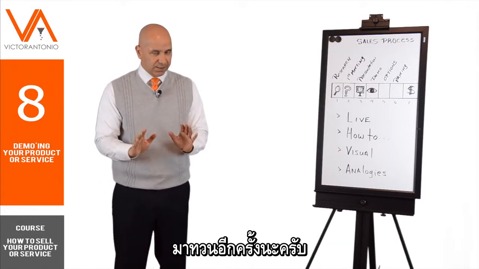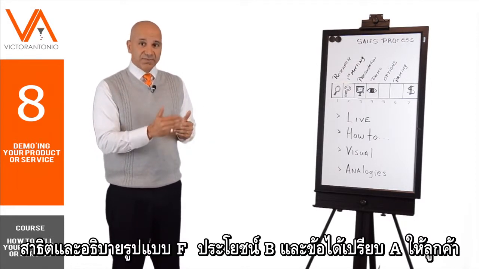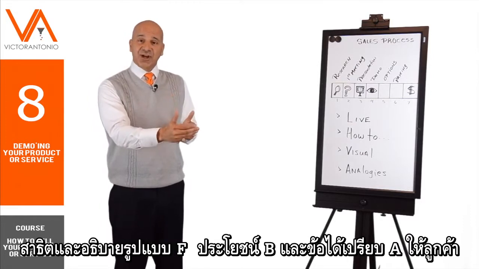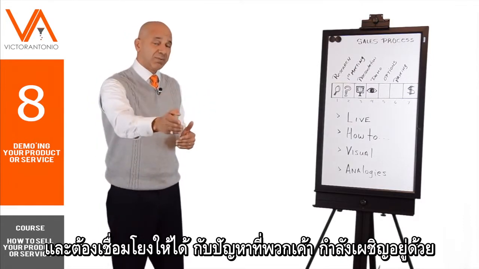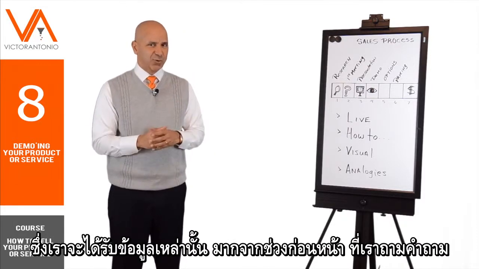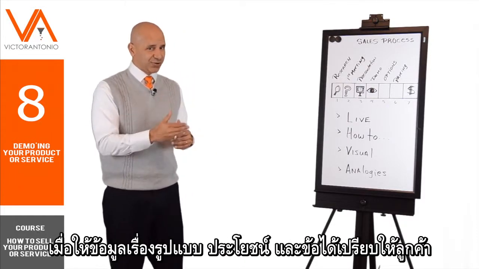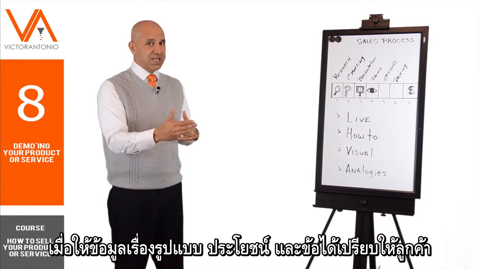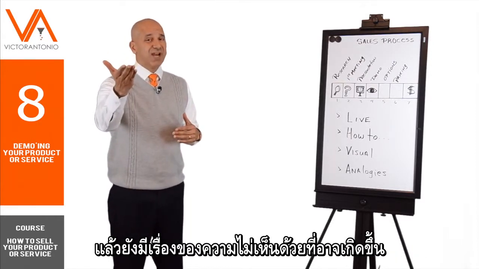Let's say that again. Demonstrate your feature, the benefits, and the advantage to the customer. But you have to tie it to a problem that they're currently having that we've discovered in the previous phase when we asked a lot of questions. Remember that? And as you show your feature, benefits, and advantage, remember we talked about objections.